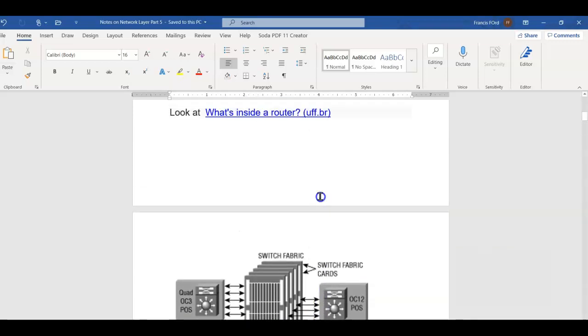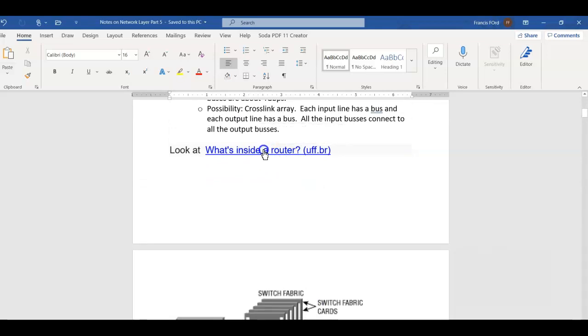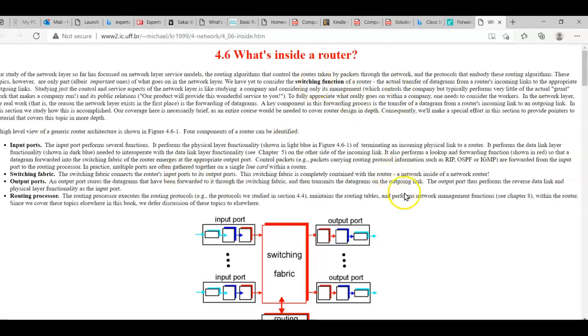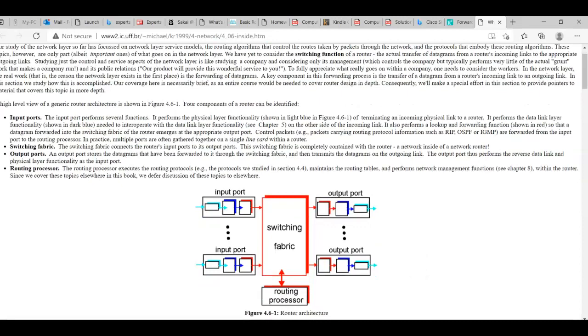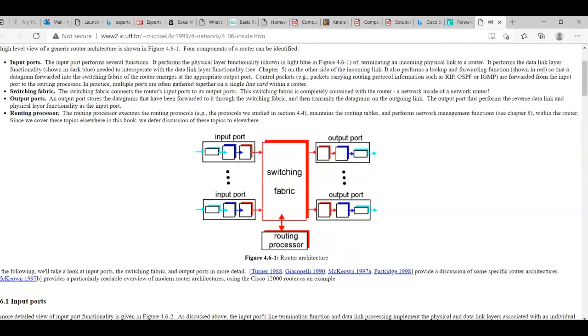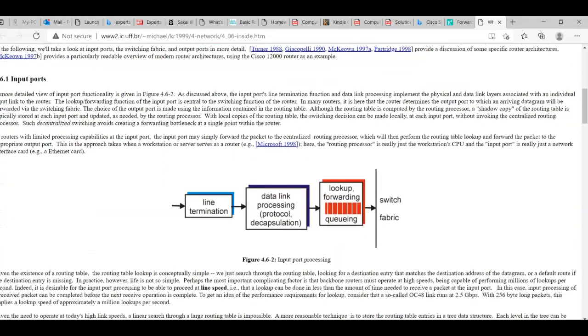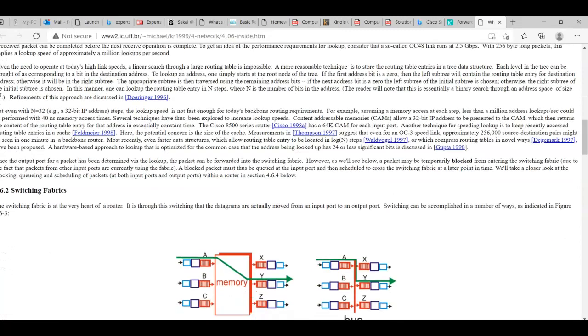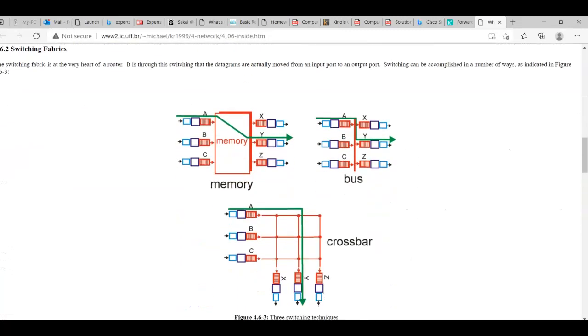There's a very good place on the internet that I want you to look at. I have it here. It's what's inside a router. You can see it has what I was talking about, the input and output ports, the switching fabric between them, and the routing processor, which executes the routing protocols. And that's coming. You can see here there are various pictures of it.